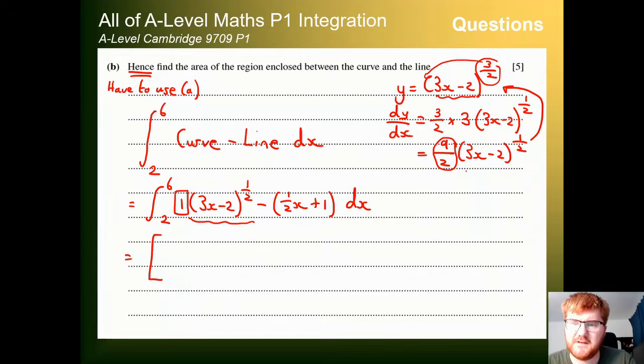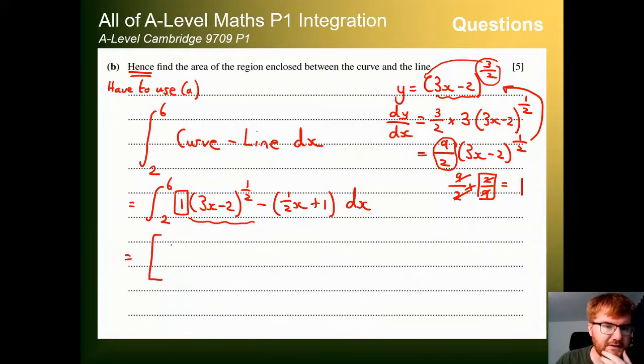So I think, what do I multiply 9 over 2 by to give me this 1 at the front? We've seen this trick with coordinate geometry before. All we need to multiply by is 2 over 9, because that cancels and that cancels. So if I integrate this, all I need to do is put 2 over 9, 3x minus 2 to the power of 3 over 2. This 2 over 9 will cancel with this 9 over 2, and then I get the integration I want.